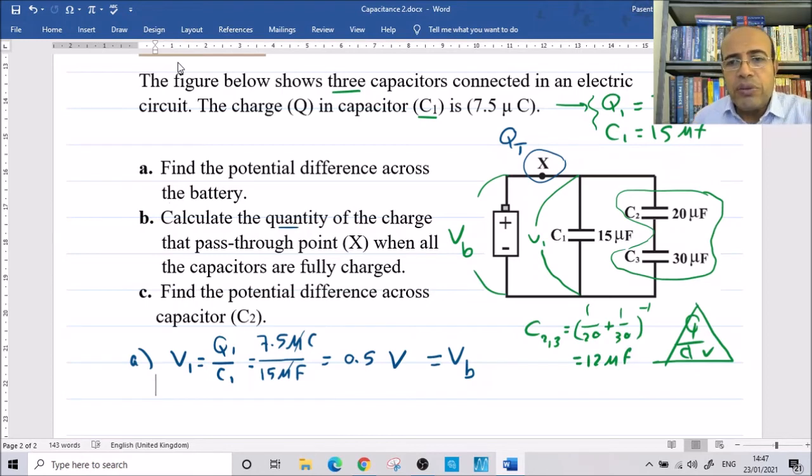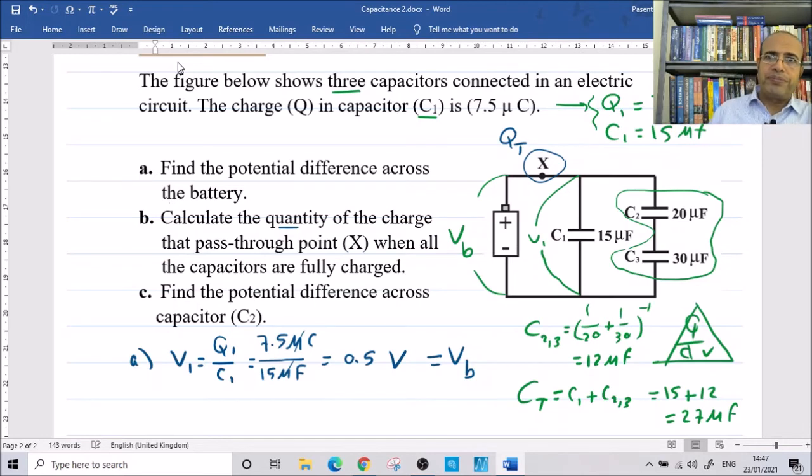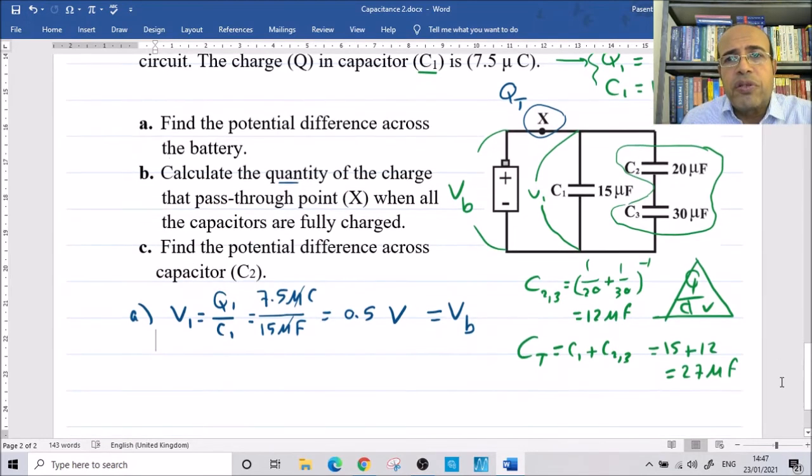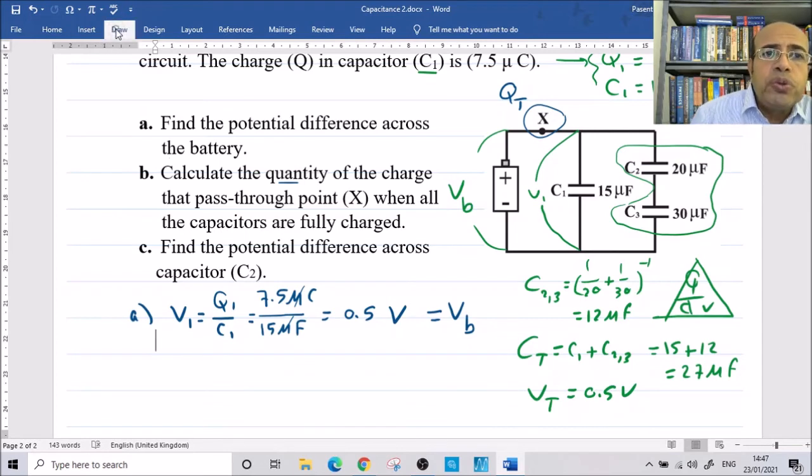Now, C total for the whole combination equals C1 plus C2,3, because they are connected in parallel. C1 is 15 microfarad and C2,3 is 12 microfarad, so the total capacitance is 27 microfarad. And V total is the voltage from the battery, so V total equals 0.5 volt. Now we can get Q total.